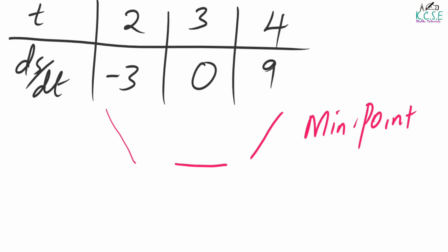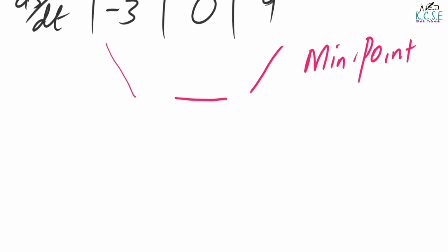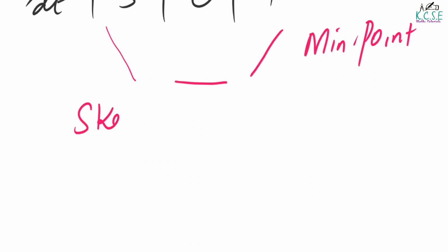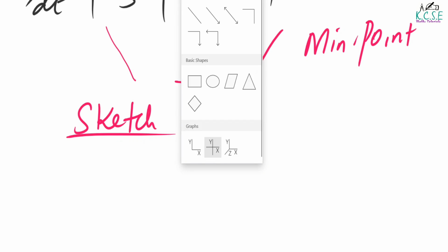Now, having obtained that, we can proceed and sketch that curve. And this is how you're going to do it. We're going to use the stationary points and also another 2 points. So to sketch these, we get these.